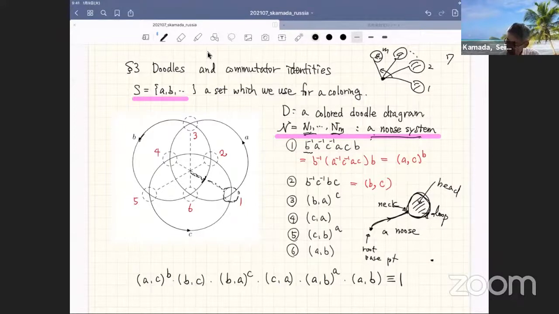If the intersection is like this, then that is positive, and if the intersection is opposite, then that is negative. Here is a negative intersection, so B inverse, and we have another intersection here. This component is labeled by A, so A inverse, and then this intersection is C inverse, this intersection is A, this intersection is C, and this intersection is B. So we have a word.